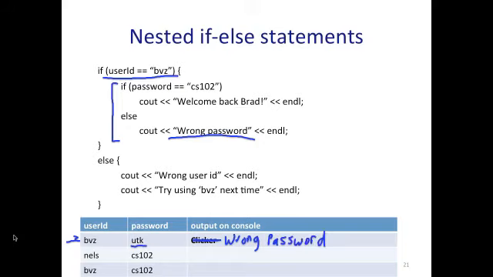In the second case, with the user ID equal to Nils, you can see that this statement immediately fails. It's false. So we come down to the else clause, and we end up printing wrong user ID. Try using BVZ next time.